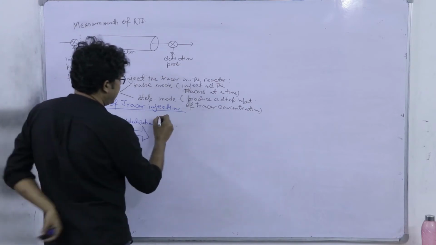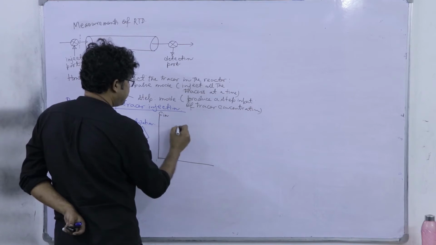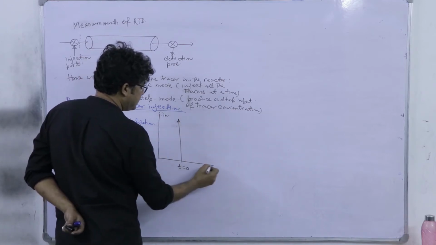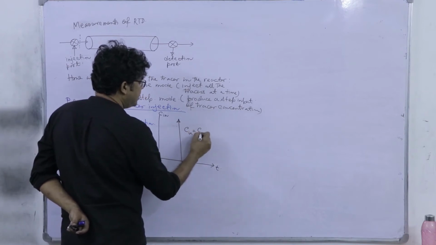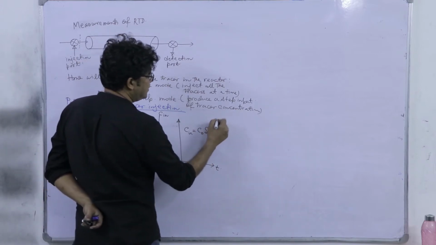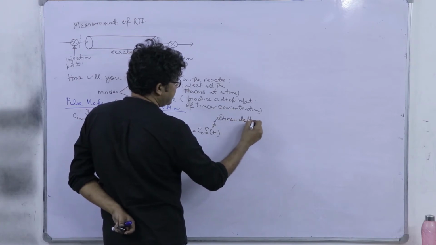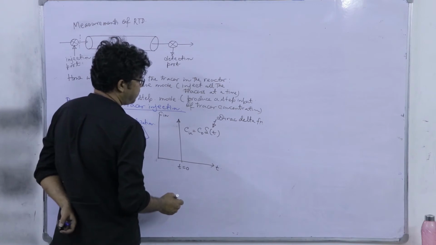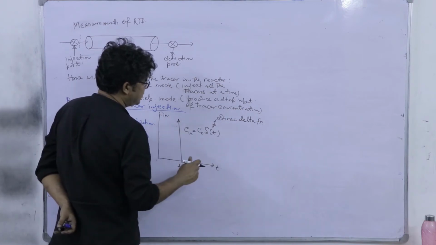We will think of a pulse as an impulse input of tracer, just like the Dirac delta function we have studied. So, C in is some C naught into delta t, and this delta t is the Dirac delta function.